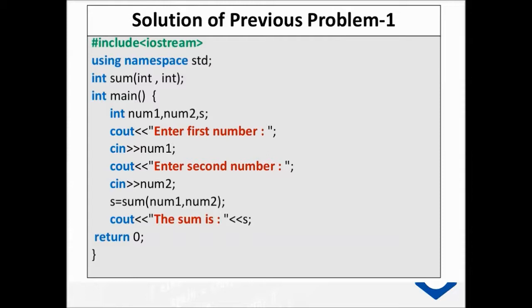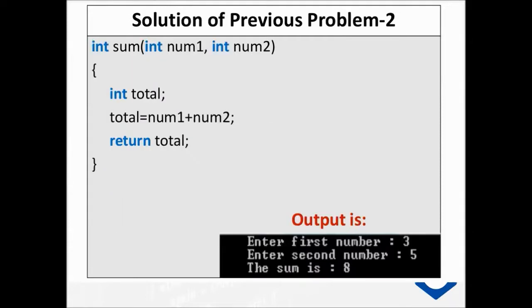And then we end our main program and write the function definition, which looks like int sum, and then int number1, int number2. Then in the body of this function we use another variable total, and we use this variable total to sum number1 and number2. Then we return the value stored in total back to the main program.